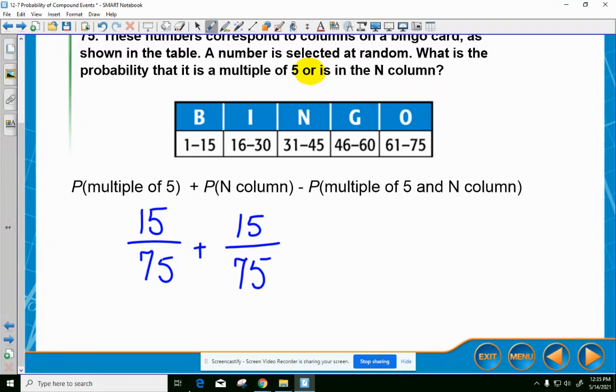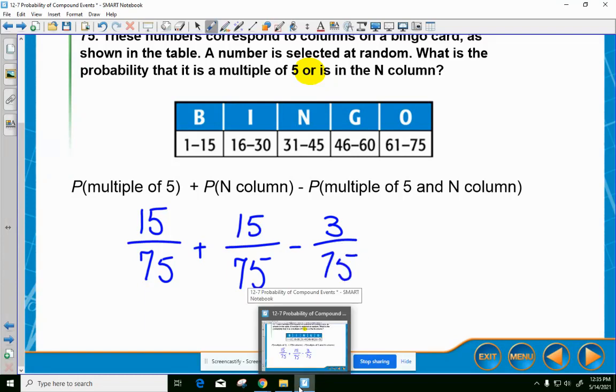I've actually counted them twice. So I've got to take out 3 of those that I put in. The numbers 35, 40, and 45 would have gotten counted here, and they would have gotten counted here. Do you follow me on that? So for that reason, I have to take them out.